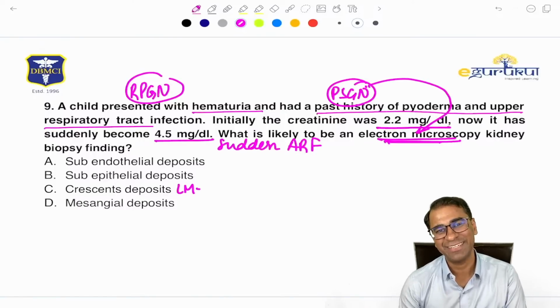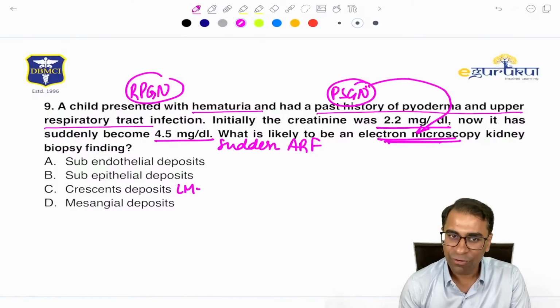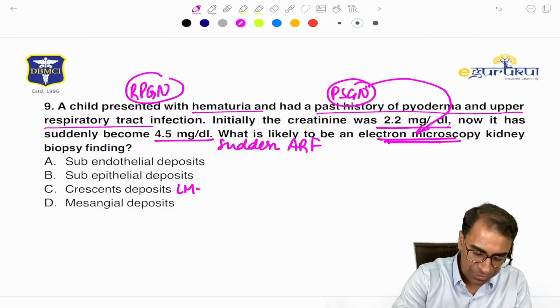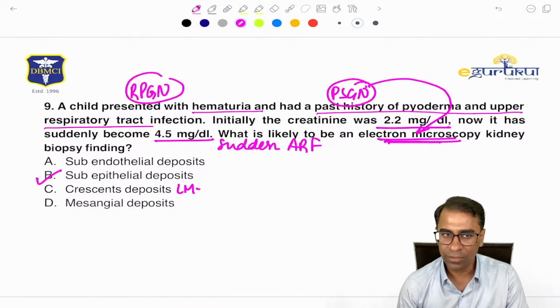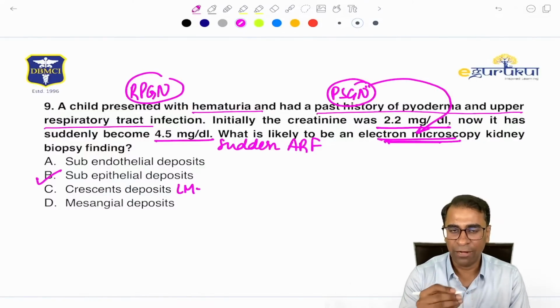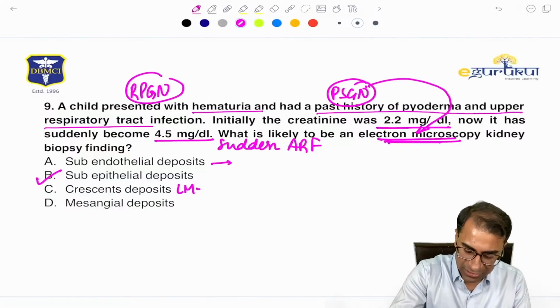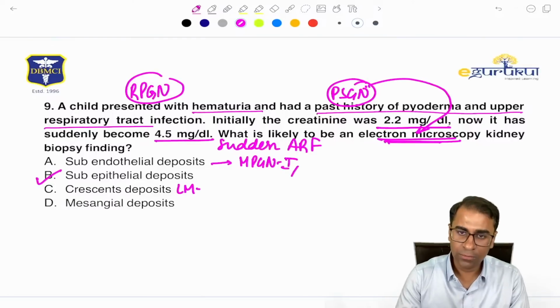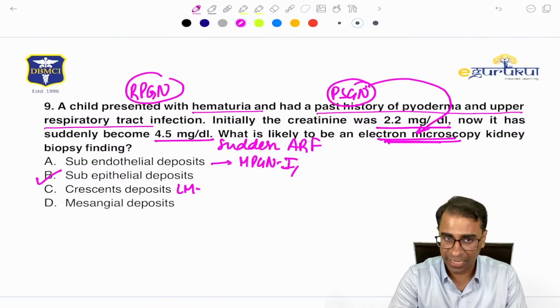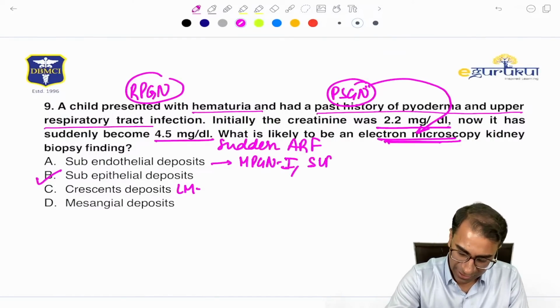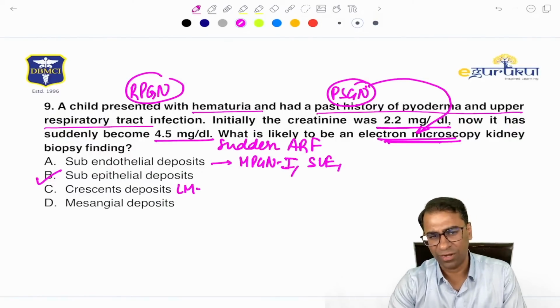I cannot see crescents as a finding, and therefore for PSGN, my answer should be subepithelial deposits. Did you get the point? Also remember subendothelial deposition is seen in MPGN type 1. It can be seen in SLE, guys, and in some miscellaneous causes, but not very important.